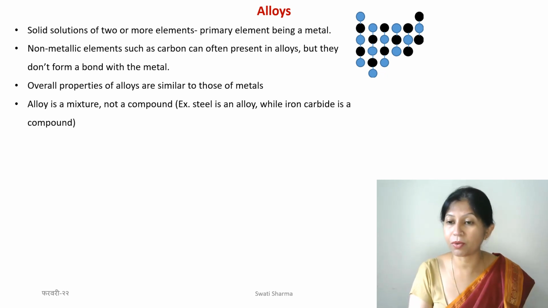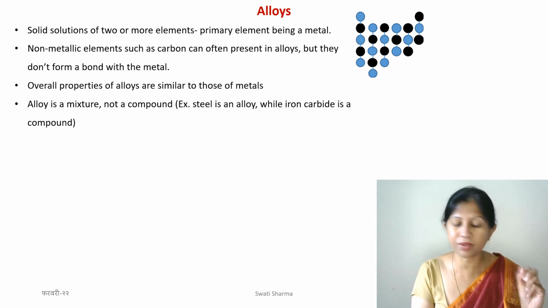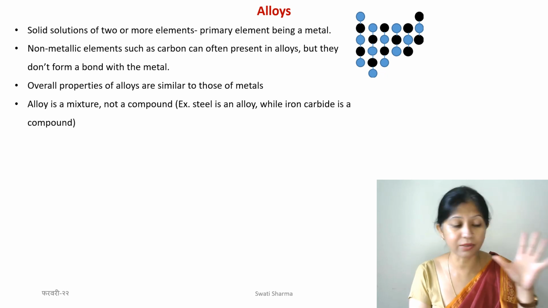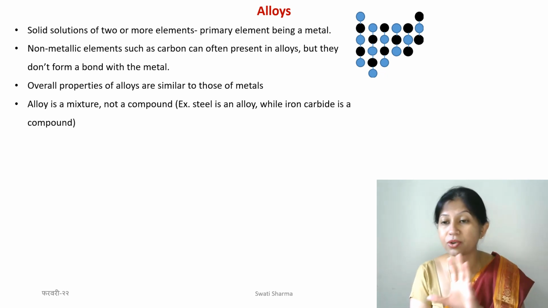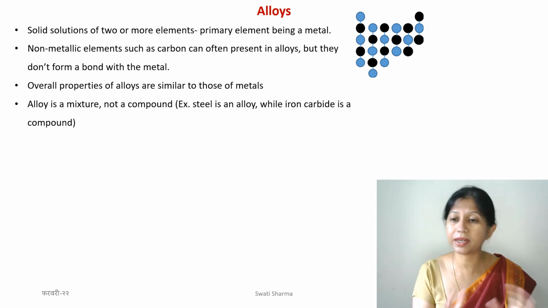You can also pull wires out. So most of the alloys have properties that are very similar to those of metals in terms of manufacturing, in terms of processing. That is why we are putting metals and alloys together in the same class of materials, rather than plastics, polymers, ceramics. They will have a completely different set of properties. Metals and alloys are very similar in that sense.